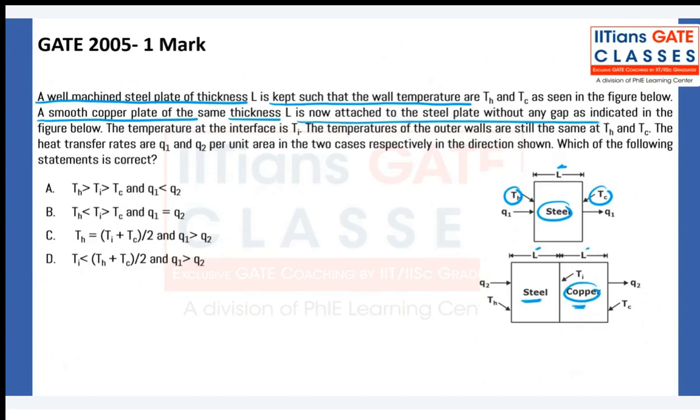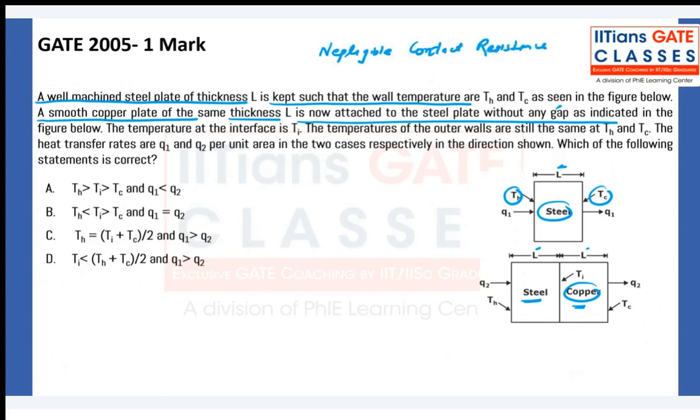So without any gap means what? Negligible contact resistance. There is no contact resistance, although the contact resistance concept will not be asked because no formula has been given for this.